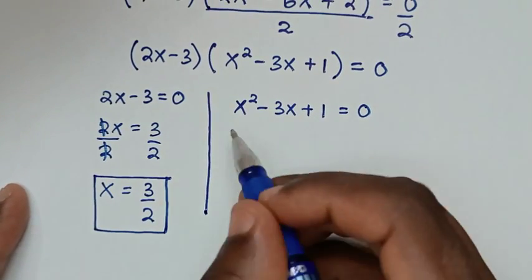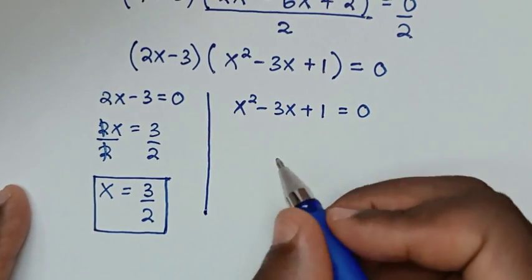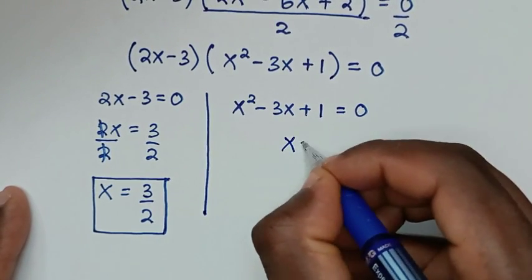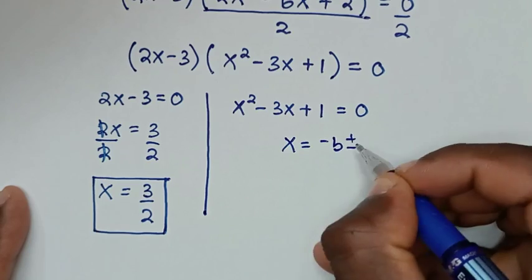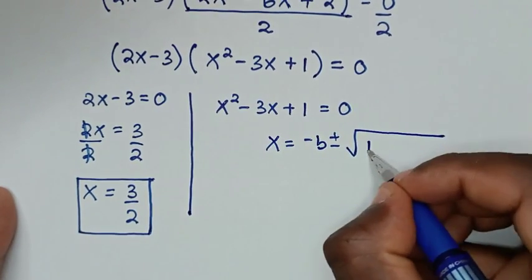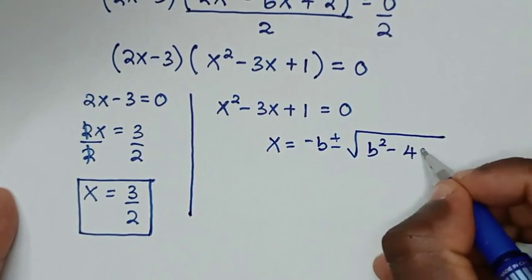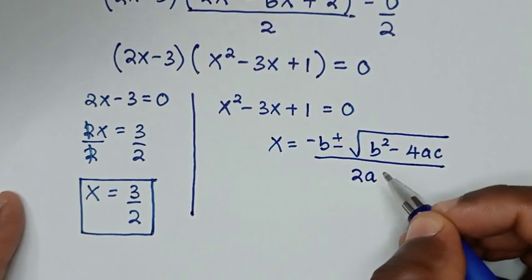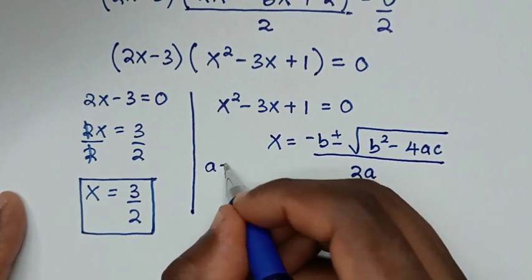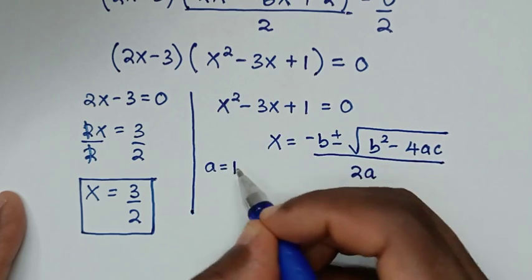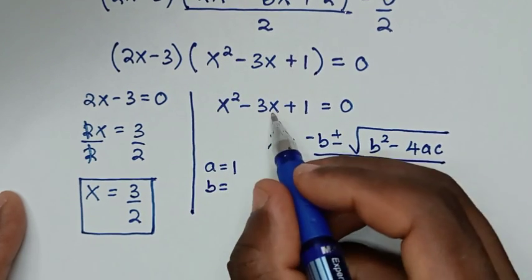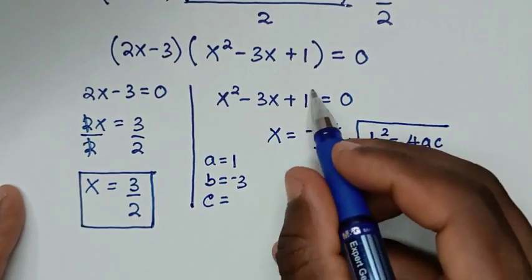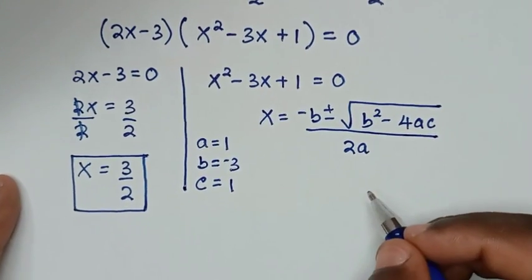And to solve this quadratic equation, we'll use the quadratic formula. The quadratic formula is x is equal to negative b plus or minus square root of b square minus 4ac over 2a. Whereas a is the coefficient of x square, which is 1, and b is the coefficient of x, which is negative 3, and c is the constant, which is 1.